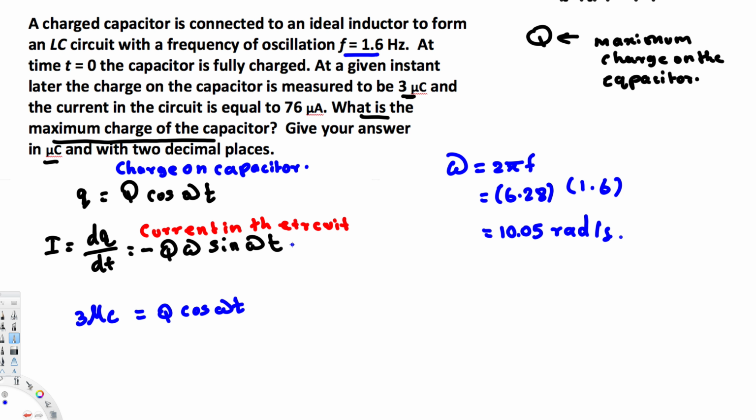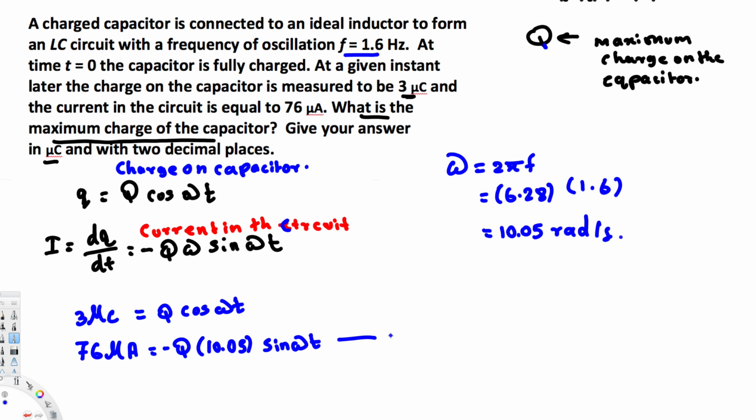And for the current in the circuit, which is provided, 76 microampere is equal to negative Q times, instead of omega, I am plugging in the value we already found, 10.05, and here we are going to have sine omega t. I'm keeping the inside omega t as it is because we are going to find omega t all together. In that way it will be easier to calculate. We are trying to find Q, that's the main purpose. Now let's see how we can find it.